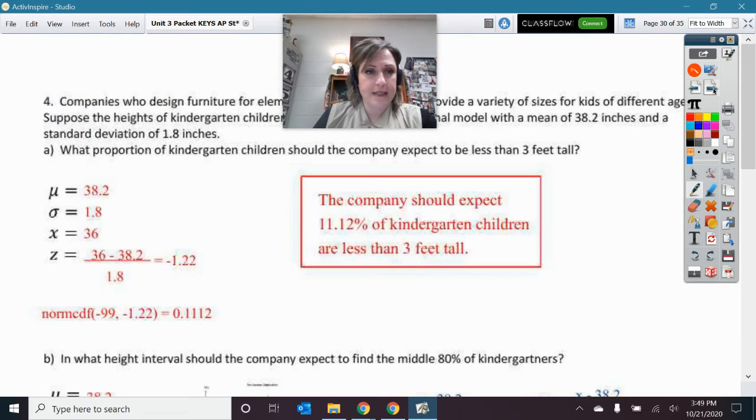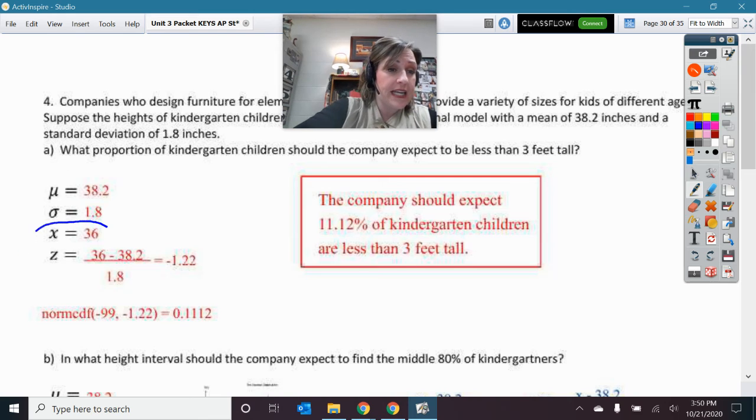All right, next. Here we have what proportion of kindergarten children. So I know that I'm going to need to do norm CDF to find an area. What proportion of kindergarten children should the company expect to be less than 3 feet tall? Well, since all these measurements were in terms of inches, I'm going to turn 3 feet into 36 inches.